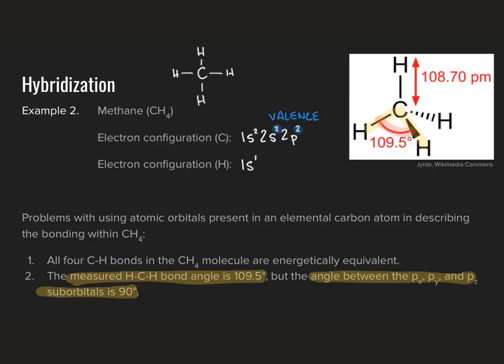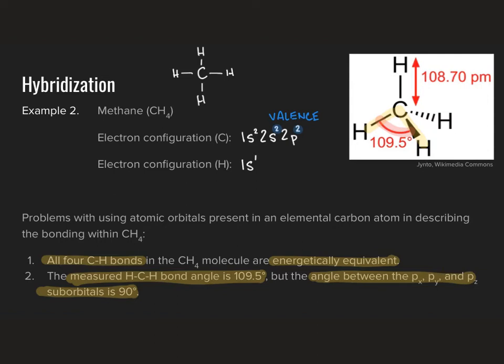So the atomic orbitals must not, therefore, be our solution to how we can describe in the localized electron model an overlap of orbitals that will result in stable bonding configuration. Furthermore, we also see that all 4 of those bonds in the methane molecule are energetically equivalent bonds.